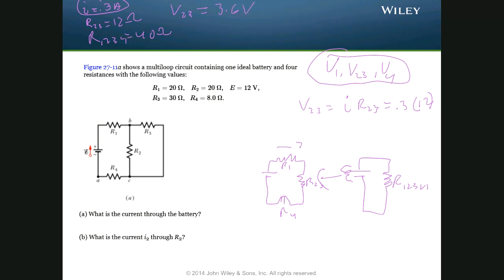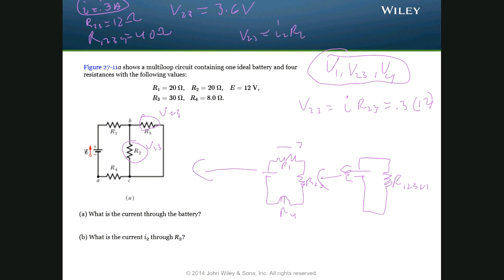Fun. All right. And now we can break it down to the original circuit again. We know the voltage V23 will apply to both of these resistors, because they're in parallel. And then all we have to do is remember that if V equals IR, V23 will equal I2 R2.